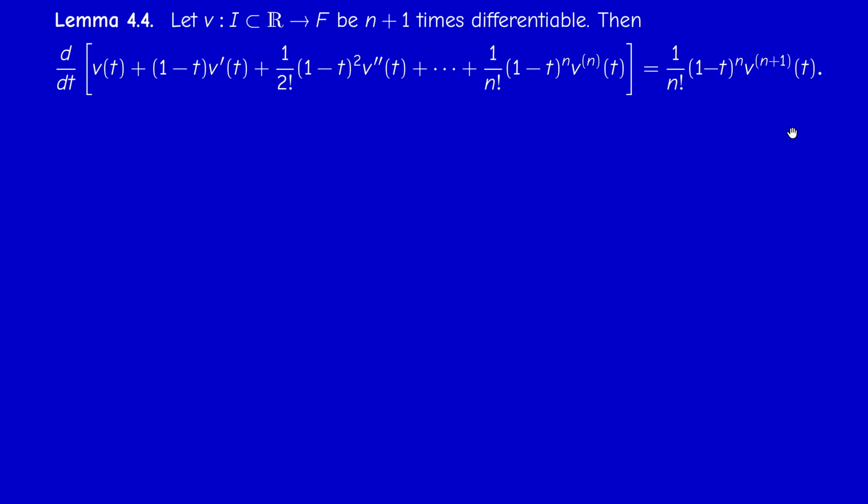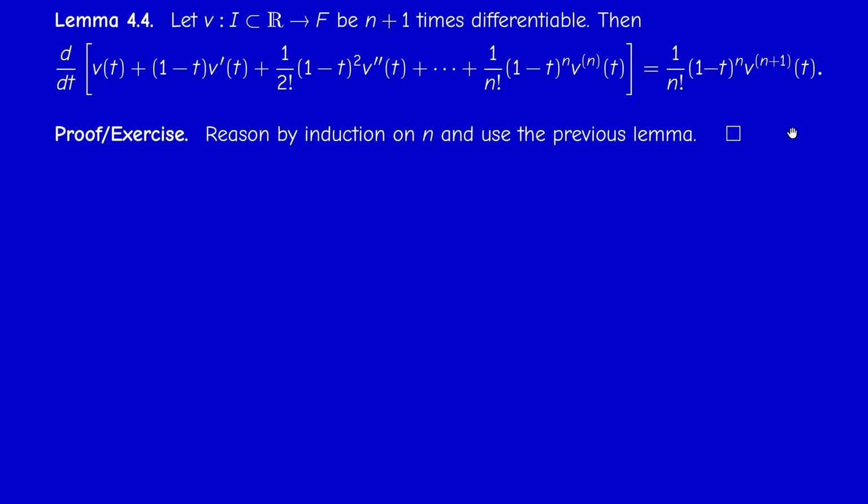Okay, there are several ways to prove that, but in my opinion, the easiest one is just to reason by induction. If you take, for example, n equals 0, all this cancels, so we just get v prime, and 1 minus t to the 0 is just 1, so we get just v prime. You can prove it for n equals 2, if you like. And now, in order to prove it by induction, you need to use the previous lemma.